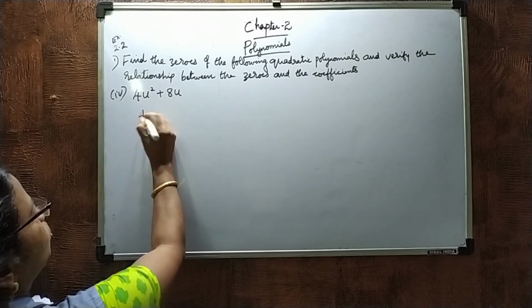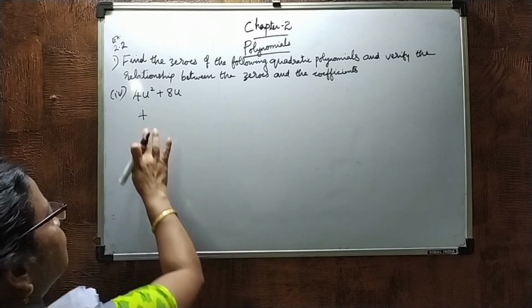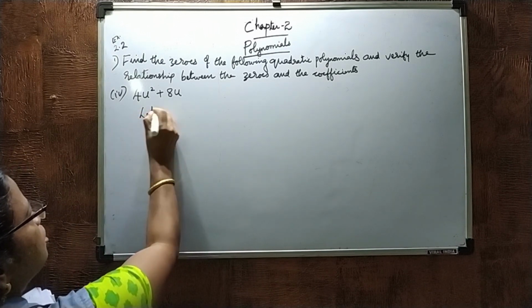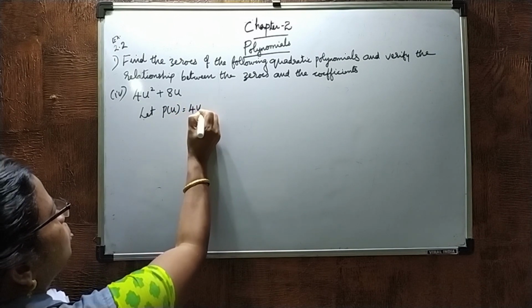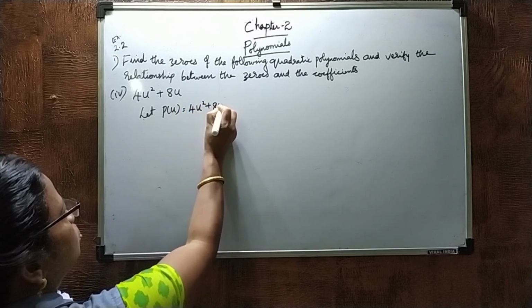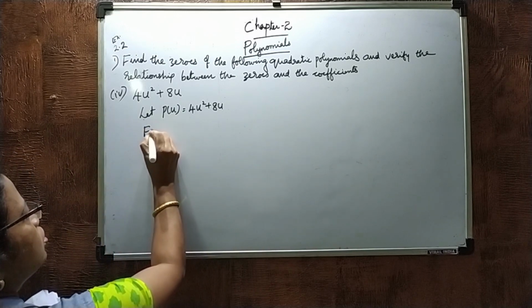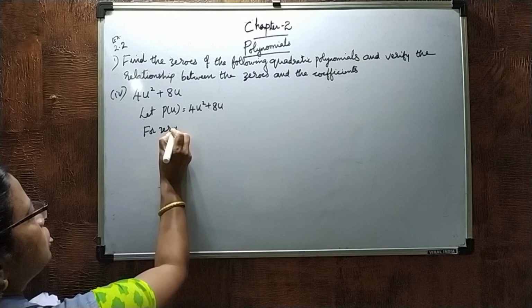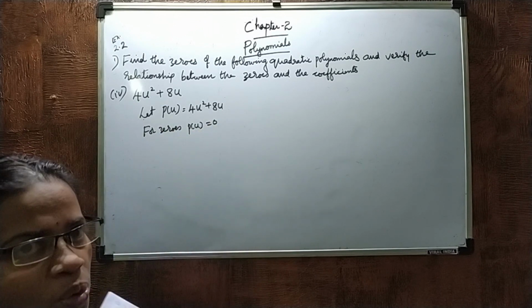So take the common term outside. Here 4u is there. First you will write P. What is the first step? Let P of u is equal to 4u square plus 8u. Then the next step is for zeros, P of u should be equal to 0.